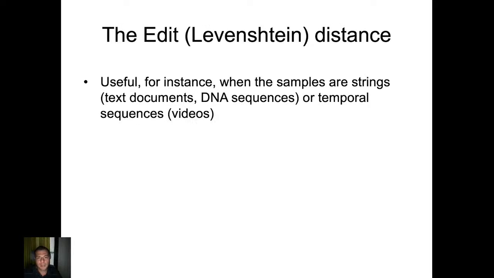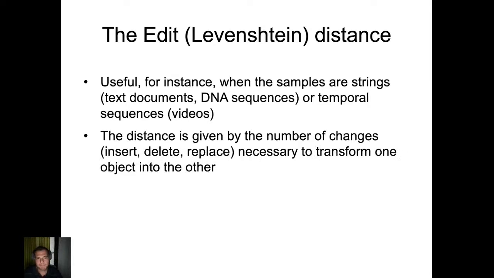Again, for DNA sequences, we can also use the edit distance, which is computed through dynamic programming. This distance is given by the number of changes, and here we can define changes in different ways. In the most classical approach, we use insertion, deletion, and replacement.